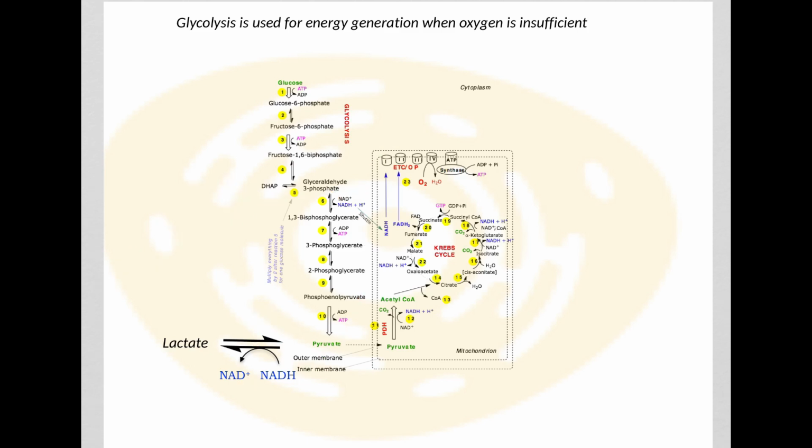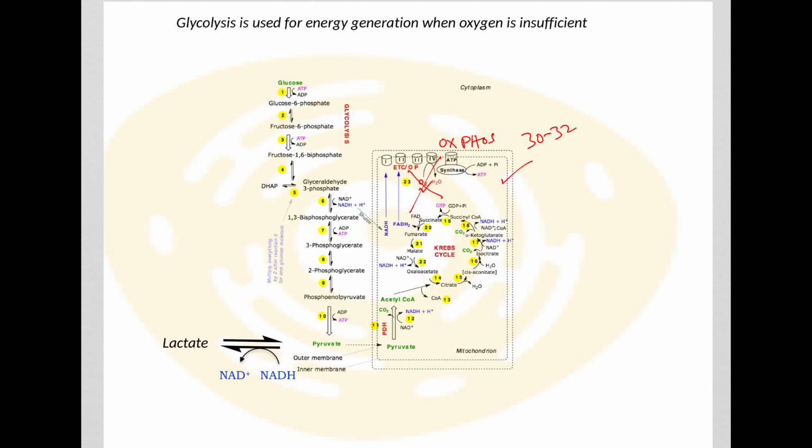So that is what a normal ductal epithelial cell in the breast is going to do. Okay, so just to summarize, if there is oxygen, it's going to use the oxidative system to generate energy that will give you 30 to 32 ATPs per glucose.